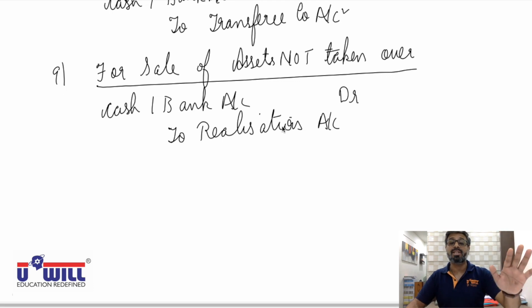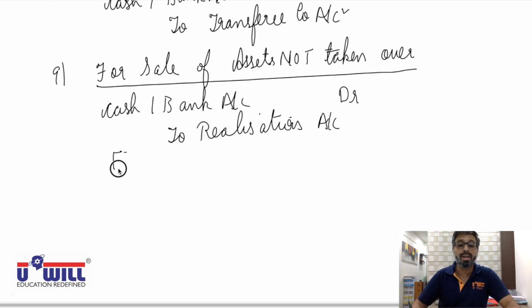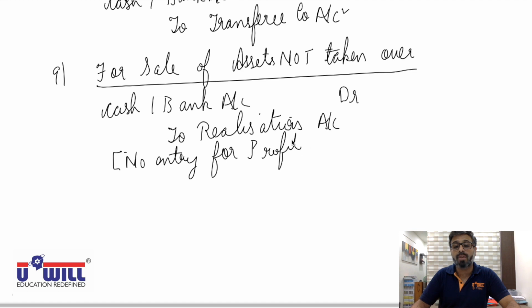Now in realization, assets are already transferred at book value. Selling price is also recorded. So difference automatically gets recorded as profit or loss. We don't have to record any profit or loss. Okay. So here you remember no entry is to be passed for profit or loss on sale of assets. It automatically gets recorded.